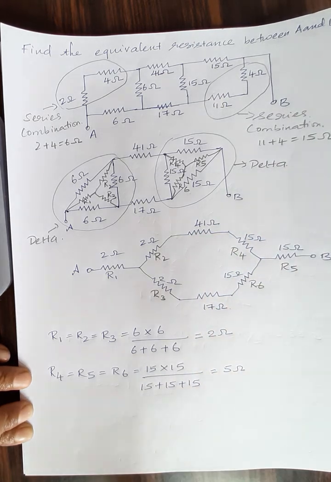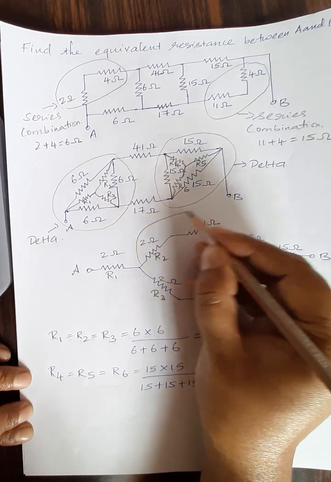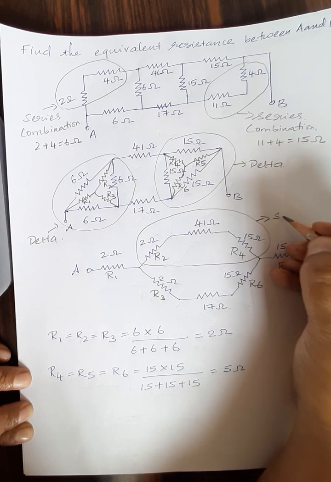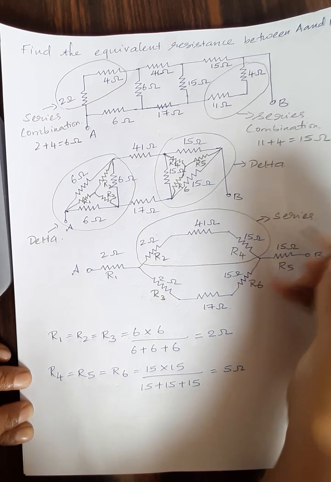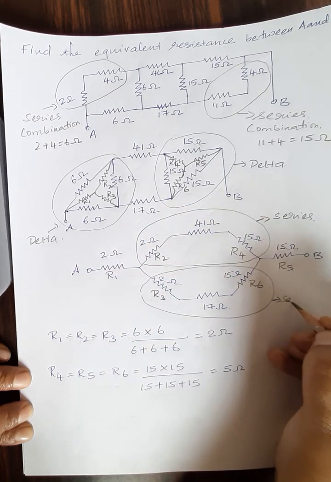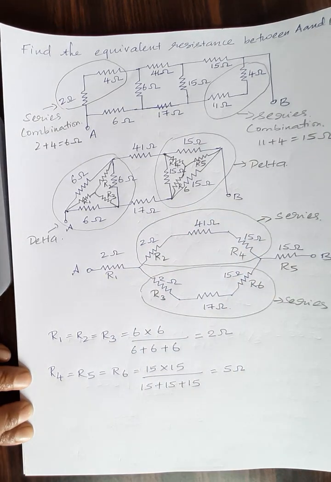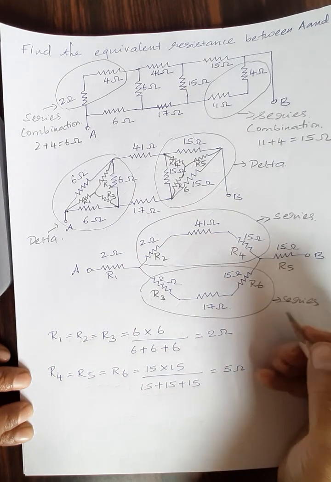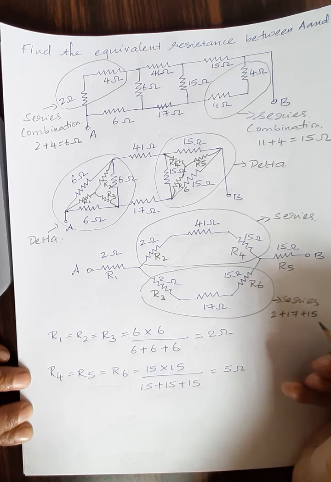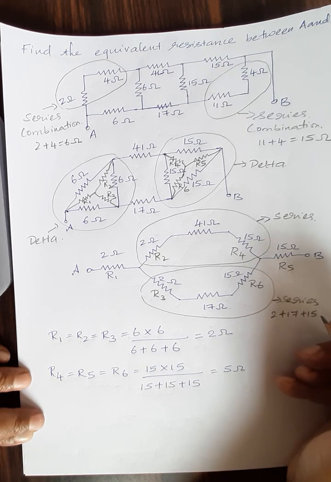Now again you observe the circuit. Now it's simple. These three will be in series combination, and again these three will be in series combination. So in series you need to add all the resistances. It becomes 2 plus 17 plus 15.